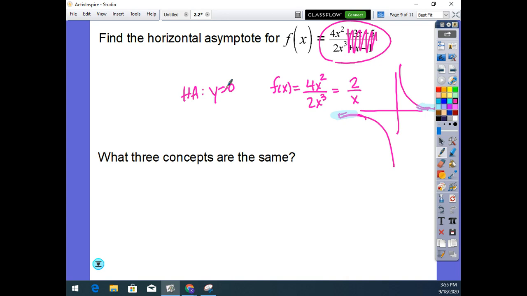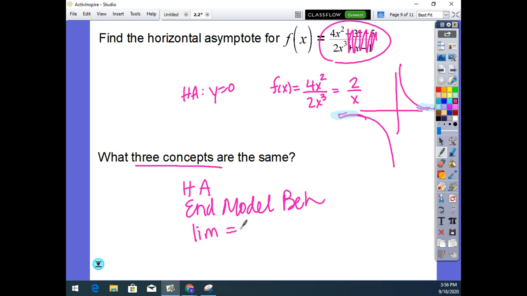So there's 3 things that tie together very critically. Horizontal asymptotes and end model behavior, and limits as x approaches plus or minus infinity that equal a number.